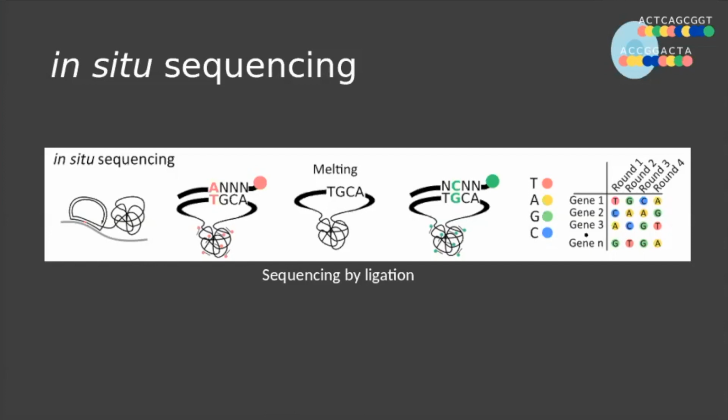And now everything is random except the second one, which is specific. And if it's a C, it will be green. And in this way, if you cycle this a couple of times, you can sequence the barcode that you put in there.